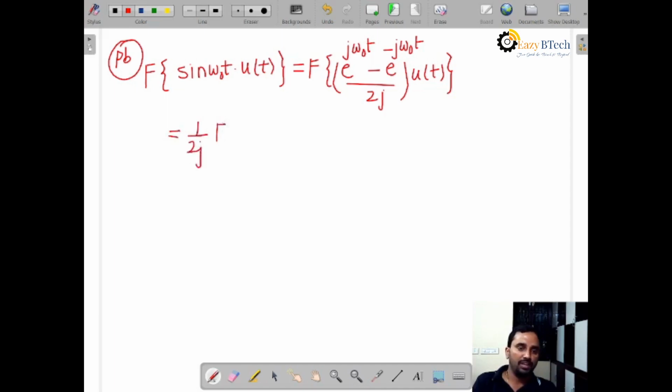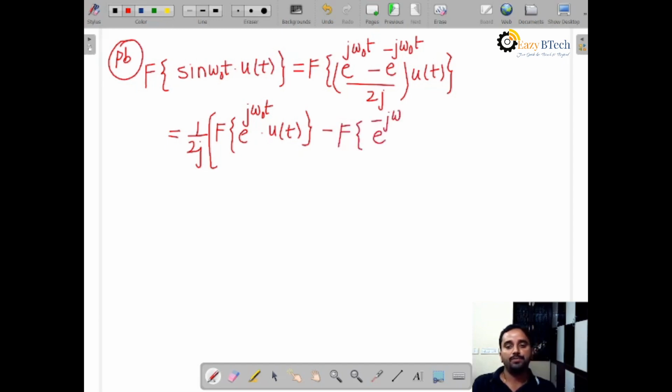So the Fourier transform of e to the power j omega naught t into u of t, minus the Fourier transform of e to the power minus j omega naught t into u of t.